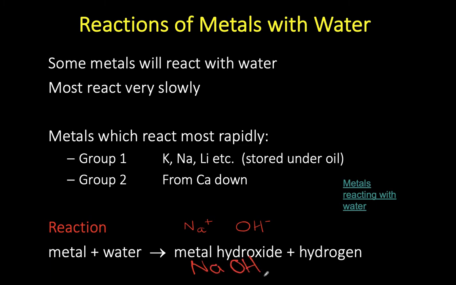So what I've written here is the chemical formula for sodium hydroxide. Up here we have the ionic formula. Sodium is a positive metal ion, and our hydroxide ion is one of our complex ions. It's OH minus. So let's move on.